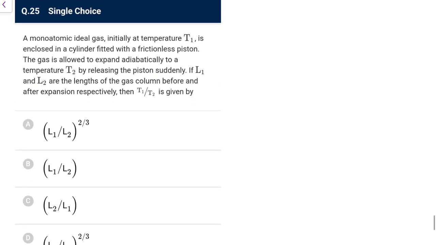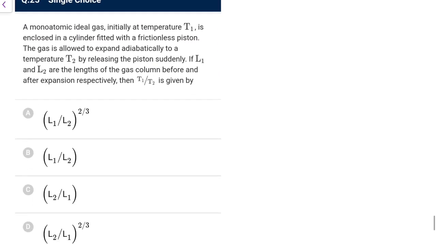Again the question on the same concept. Next, monatomic ideal gas at temperature T1 initially enclosed in a cylinder fitted with a frictionless piston allowed to expand adiabatically to temperature T2 by releasing suddenly. If L1 and L2 are the lengths of the gas column before and after, then T1 by T2 is, so what we usually write, T1 V1 to the power gamma minus 1 would be T2 V2 to the power gamma minus 1.